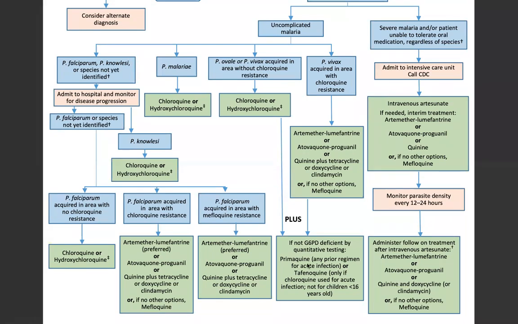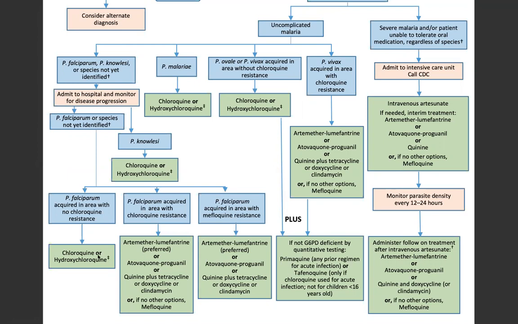And if there is no artesunate, which are the preferred ones? Artemether lumefantrine combination or atovaquone proguanil combination. Atovaquone is from the category of quinoline and proguanil from the category of antifolate. And you can add mefloquine, which is also from the quinoline category.